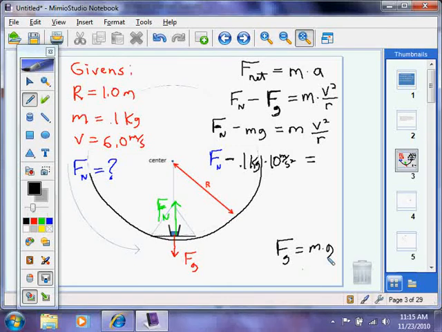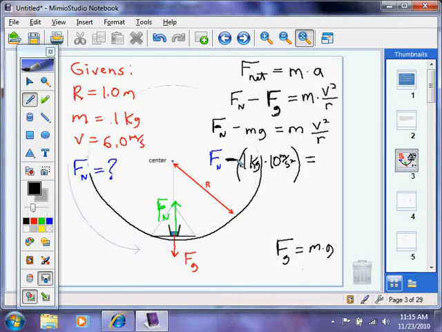And then when you crunch that out, right there, that whole value comes out positive, and then we're subtracting it because it's down. If you put in negative 10, which could be done because the acceleration is downward, then that would be a positive sign over here.